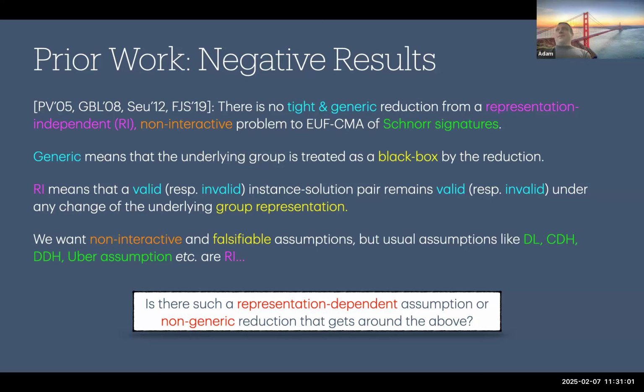A representation dependent problem would say that if I change the representation of the group, this may not be a solution anymore.